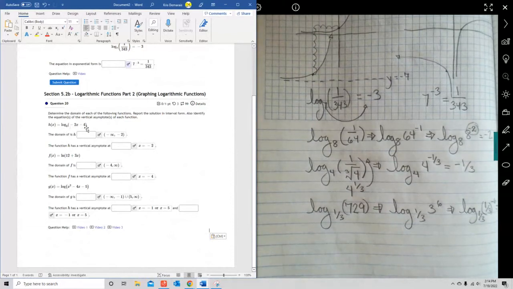Now, if we recall, logarithmic functions have a domain restriction. So all you do is set the contents of the logarithmic function greater than or equal to 0. Actually, it can't equal 0. Remember that?